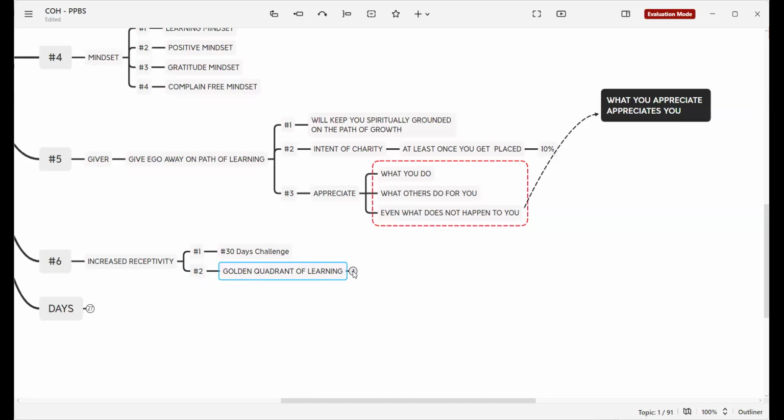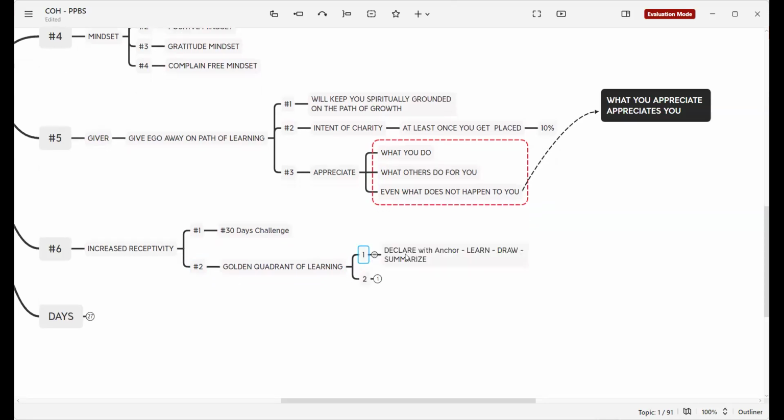When I say proven one, it means it comes with 4 easy steps. The very first one is the declaration with the anchor, and then you take a deep dive into deep learning. And once you have learned, within 24 hours, draw whatever you have learned on a piece of paper. On a piece of what, everyone? Paper. Okay, just scribble it, recall from your memory, and keep it safe for your self reference.